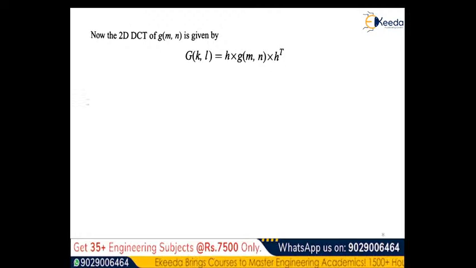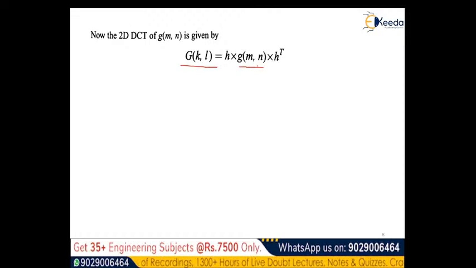So determination of the two-dimensional discrete cosine transform for the image, here we represent as the domain gets switched from the original to that of the cosine domain, discrete cosine domain here. We use the capital letters to show the change of the domain here. Here we shall show the image information that is transformed to the new domain by capital G of k comma L instead of small g of m comma n here.